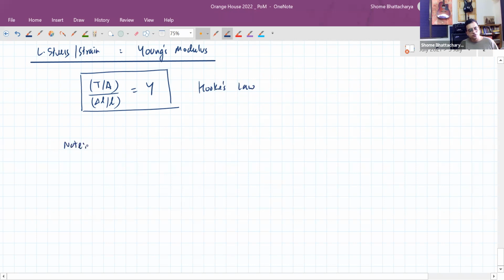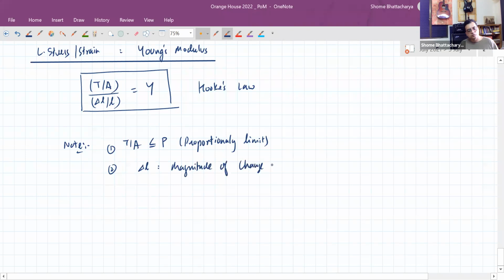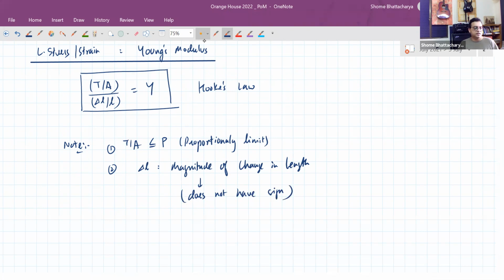Two things to understand, that of course the stress should be less than or equal to the proportionality limit. The other thing is that delta L over here is the magnitude of change in length. So it does not have sign. That is how it is defined.